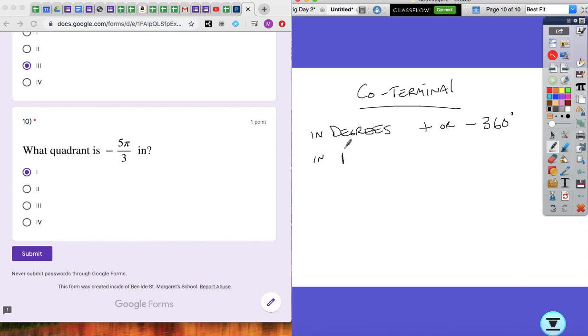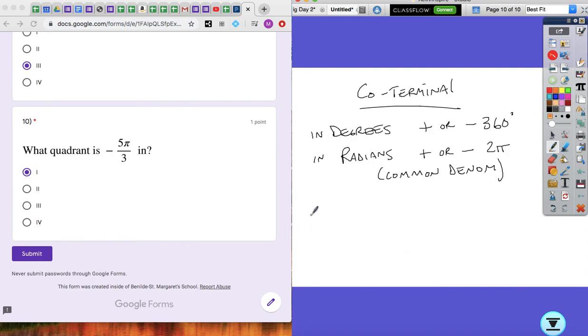If you're in radians, you're going to add or subtract 2 pi. Make sure you get a common denominator so that you can add those fractions together.